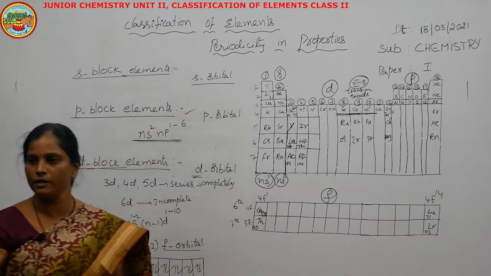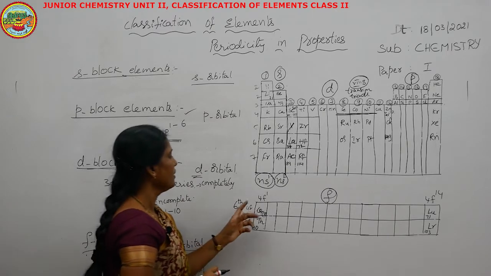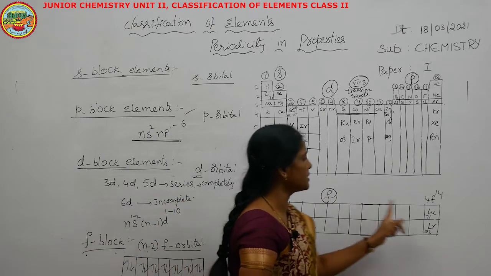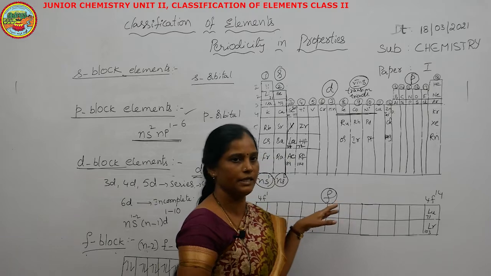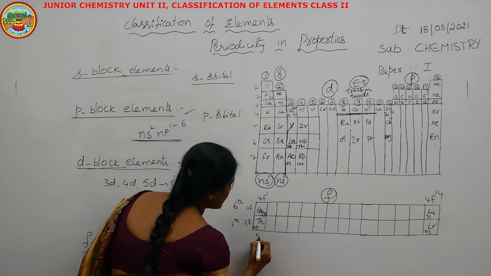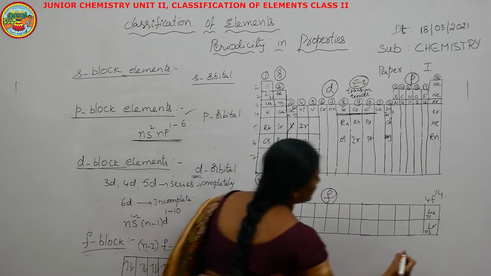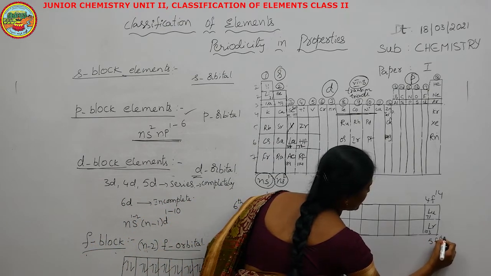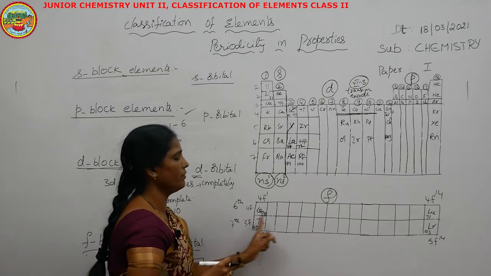That means the f orbital is completely filled. That's why it is called the 4f series. Similarly, the other starts with 5f1 and ends with 5f14. This is called the 5f series.